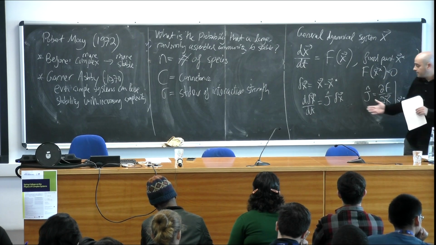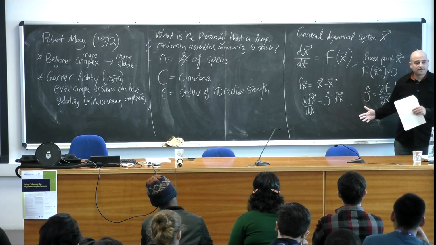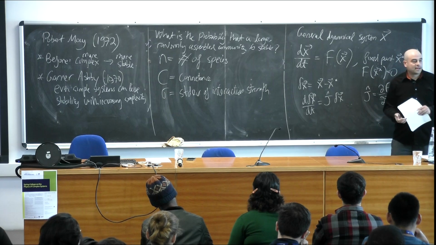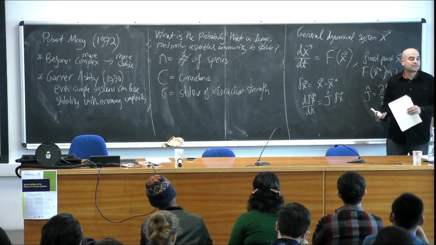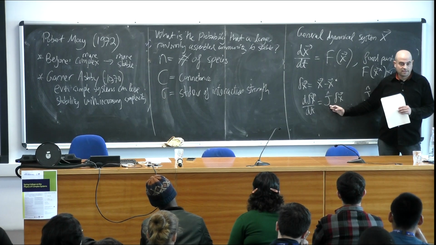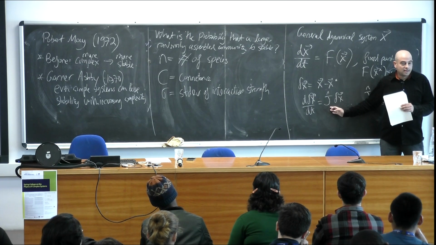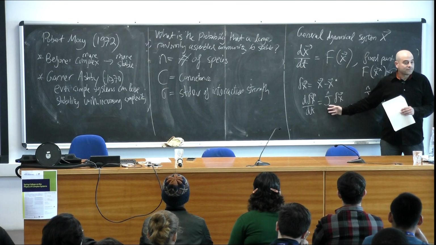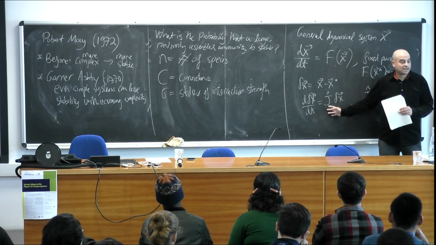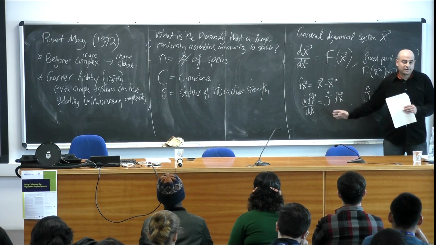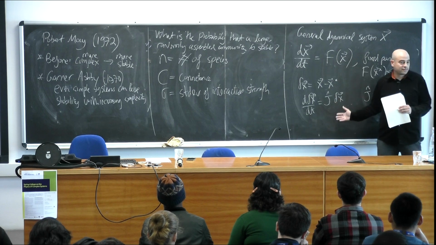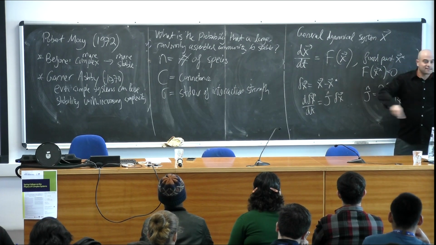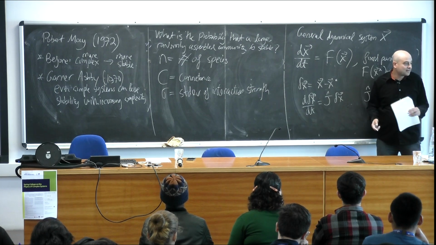Okay, now these are vectors, and this is a matrix. And of course, what we're actually interested in are the eigenvalues of this matrix. And in fact, what we need is for all the real parts of these eigenvalues to be negative, right? So the eigenvalues in general could have a real and imaginary part. The imaginary part is not going to explode anything, right? It's just going to make it go around in circles, right?